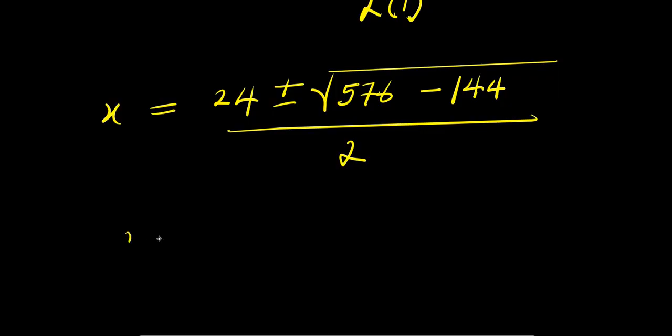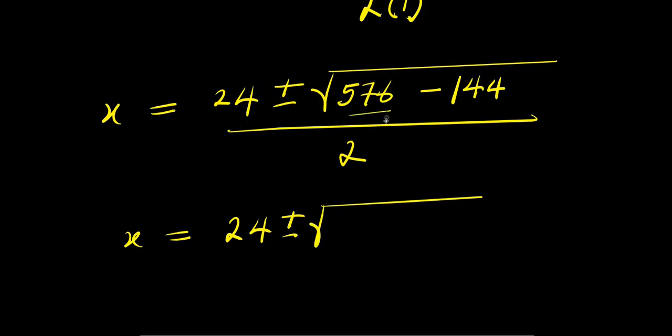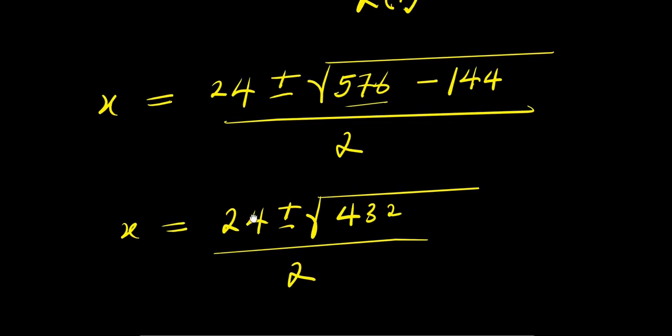So from here, we have x equals 24 plus or minus square root of 576 minus 144, that is 432, divided by 2.